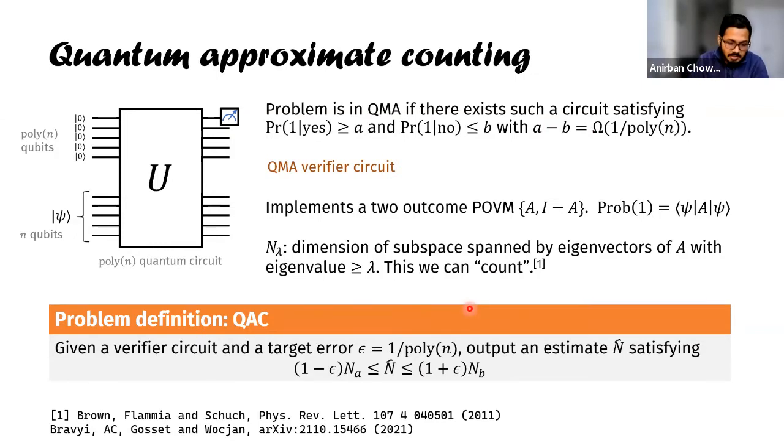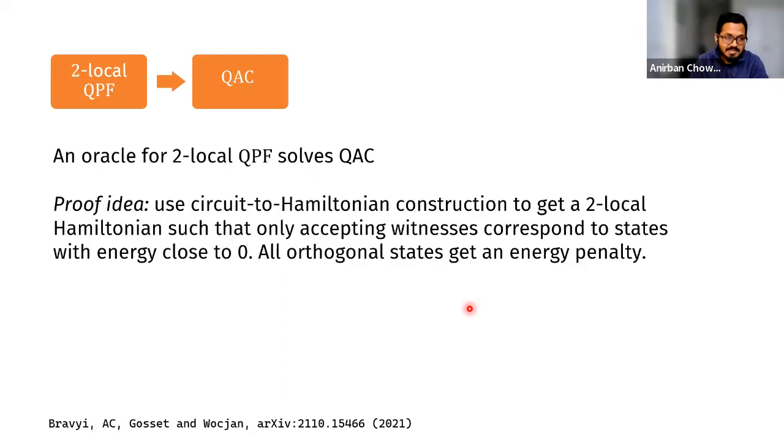In the first result in our paper, we show that if you have an oracle which solves the two-local quantum partition function problem, that is QPF for two-local Hamiltonians, this can in fact solve QAC, that is approximate counting. The proof idea is fairly simple. We use a circuit to Hamiltonian construction such that all accepting witnesses correspond to low energy states of the Hamiltonian, and all orthogonal states that come in through this construction get some sort of energy penalty.